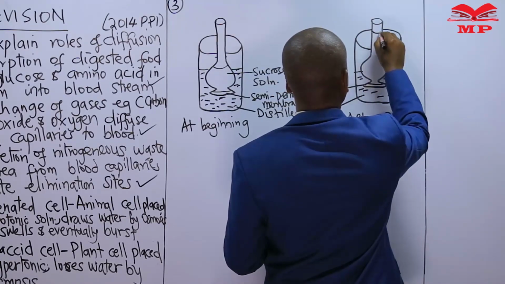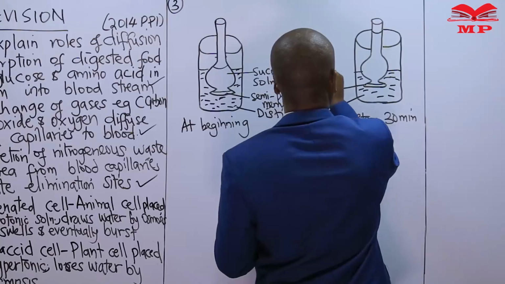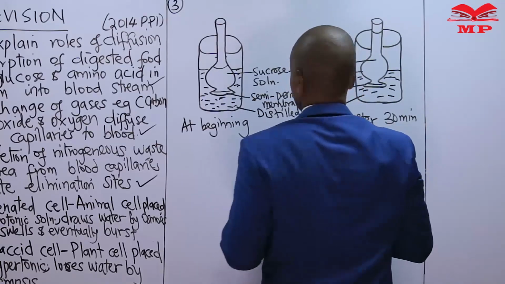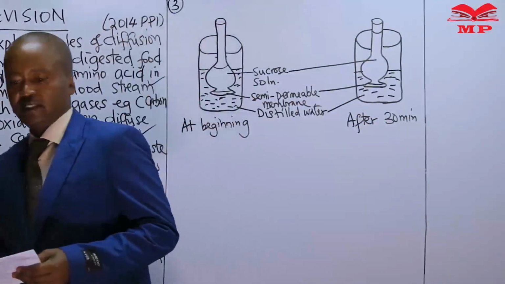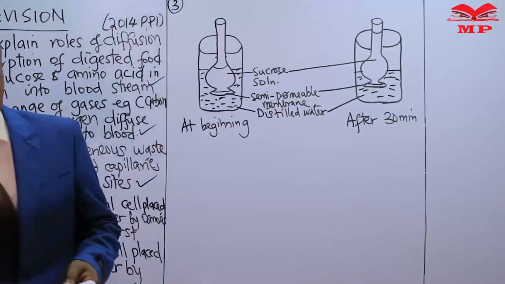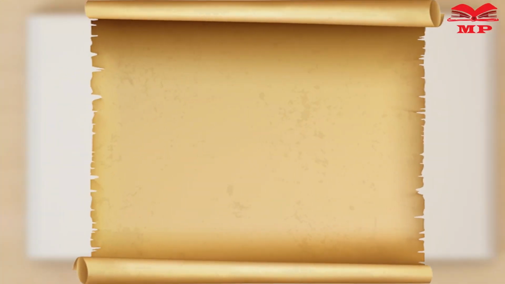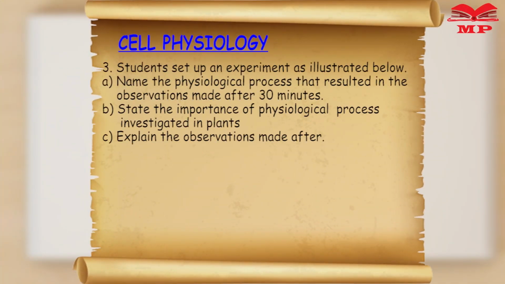The level has risen, so the level of sucrose has risen. So that is the setup that the examiner is showing here, and from the instructions, the students set up an experiment as is illustrated.